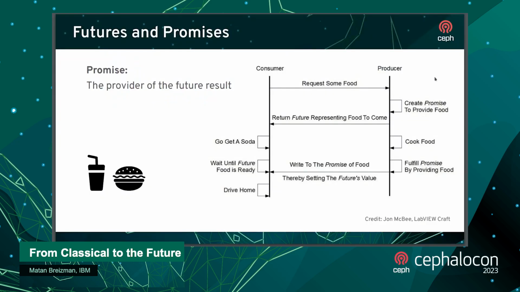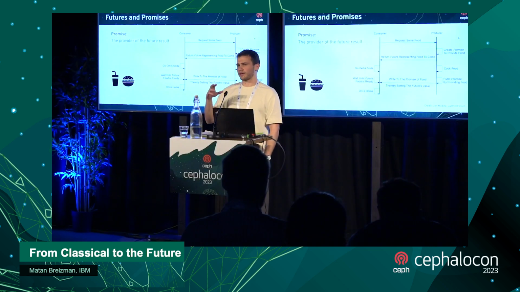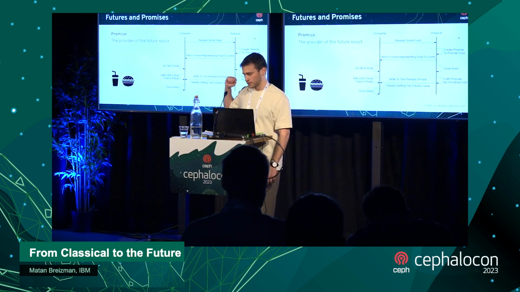So the second half, and I will use a real-life analogy to make the relationship clearer: the promise, the second half of futures and promises. A promise is the object that essentially allows the future to be resolved by assigning it a value. A promise is the provider of the future result, as the slide says.